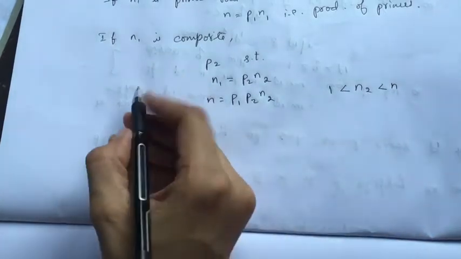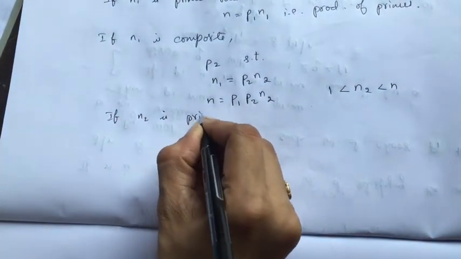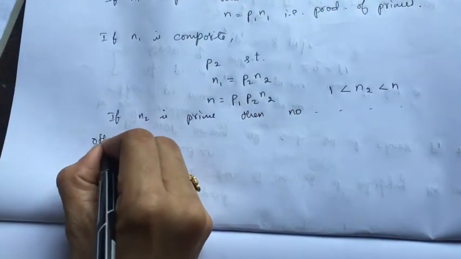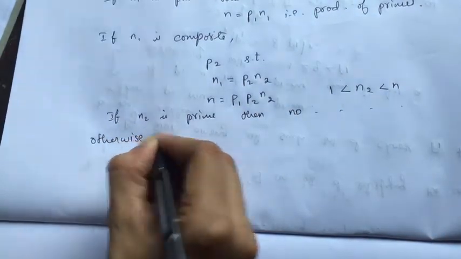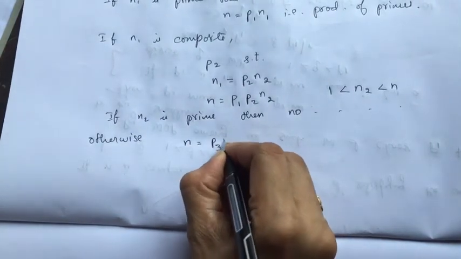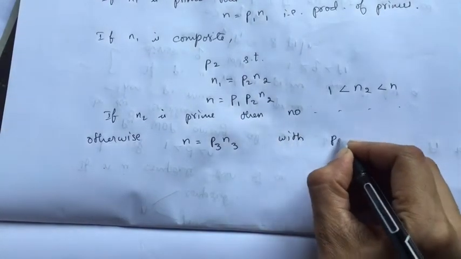Otherwise, if N2 is prime, then no need to go further. Otherwise, write N as P3 N3 with P3 as prime.